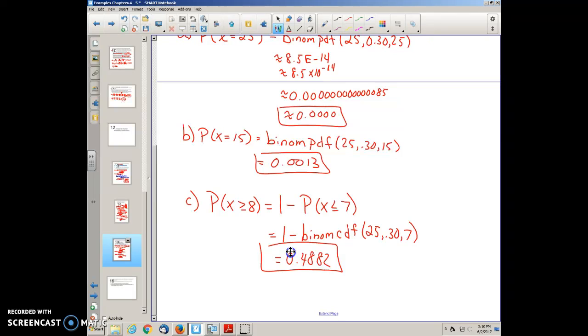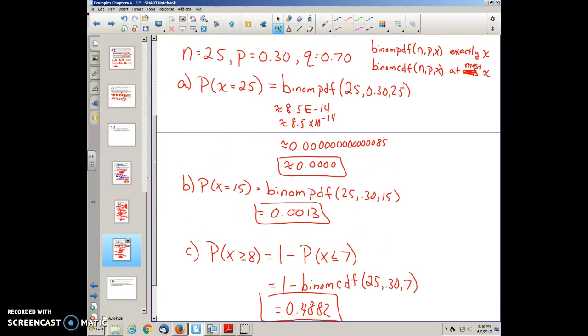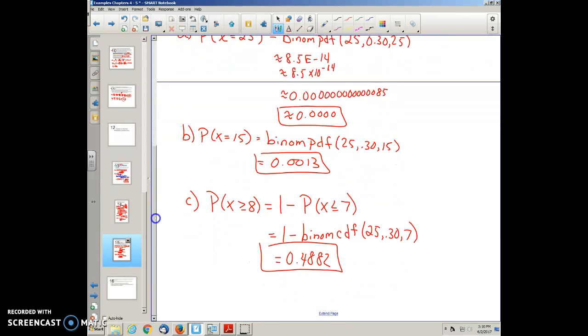So we would be able to state that it is unlikely that all 25 would have a dog because the probability is less than 0.05, but it would not be unusual for 8 or more to have a dog, because that probability is greater than 0.05.